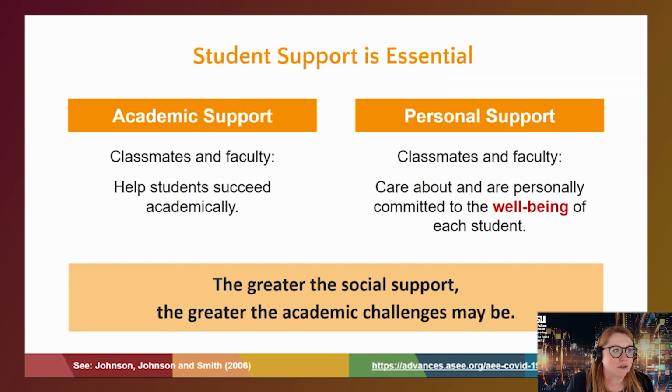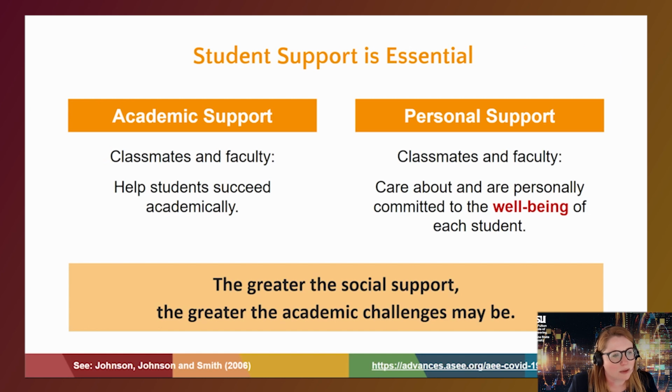So students who feel supported are more likely to take risks in their learning and push beyond their comfort zones and persist through challenges. So academic support can look like resources offered during office hours or tutoring and study groups. And these tools help reinforce their mastery of concepts and skill development, and then personal support as well.